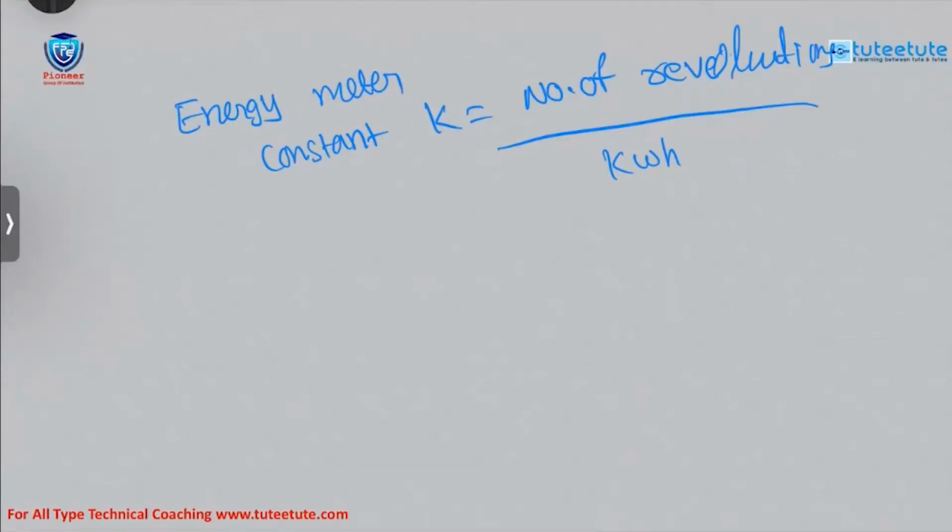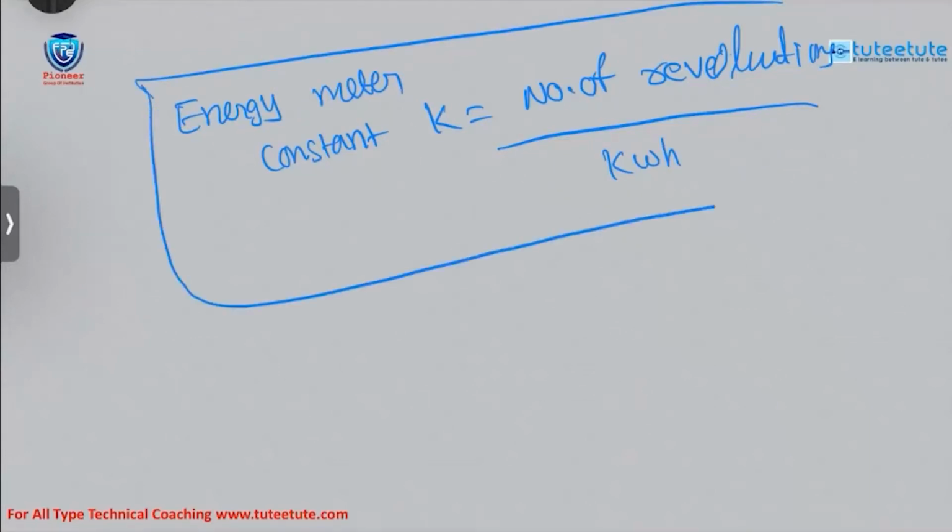Actually, this is important for solving problems. We'll solve 1 or 2 problems so we understand how questions come from the energy meter. They will give the number of revolutions and the energy constant, and ask to find something. Let's frame a question.